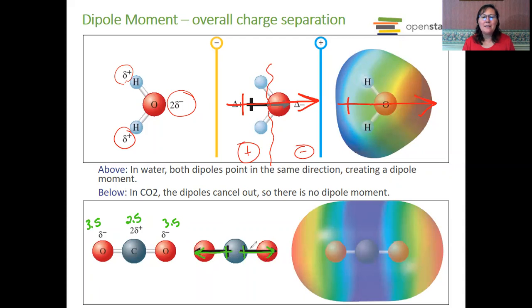Because the dipoles balance each other out. Like up here, you could draw little dipoles like this, and see how they both point in the same direction? Well, in this, the dipoles are going in opposite directions. So there's a dipole moment in water, but there is no dipole moment at all in something like carbon dioxide, as they balance out.